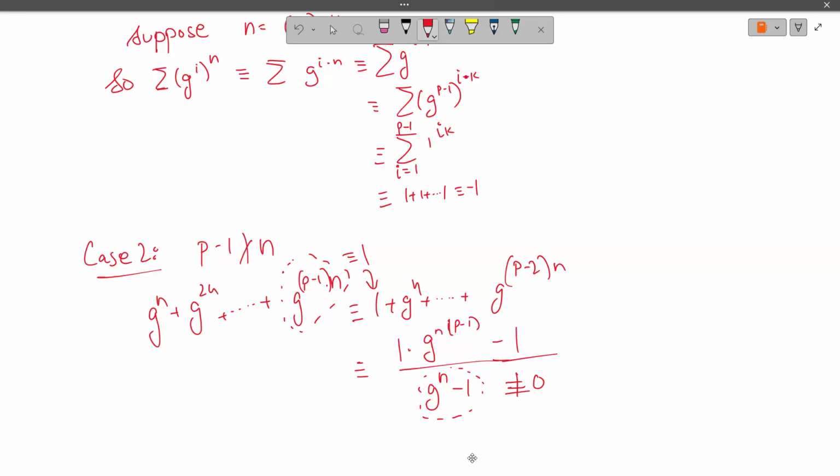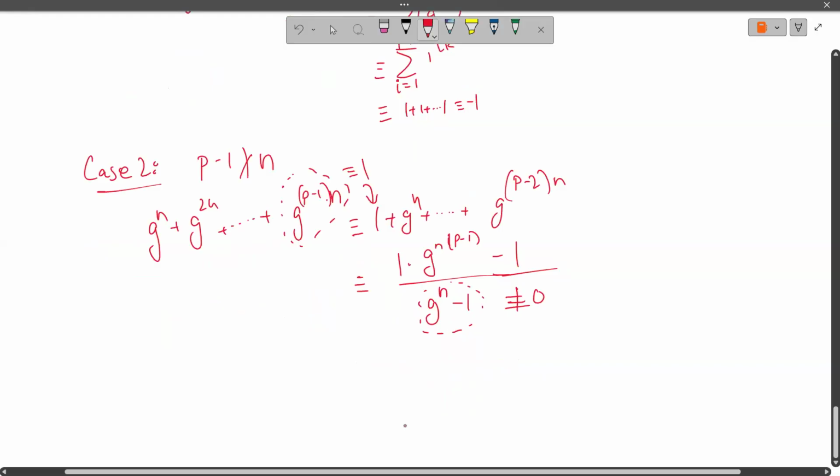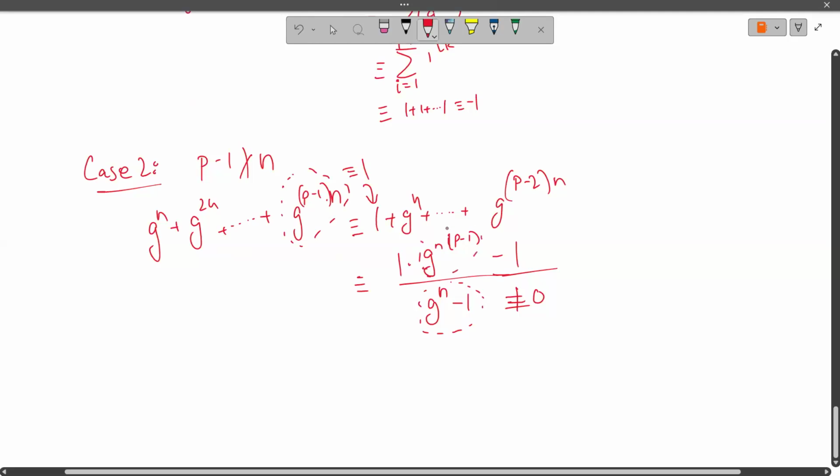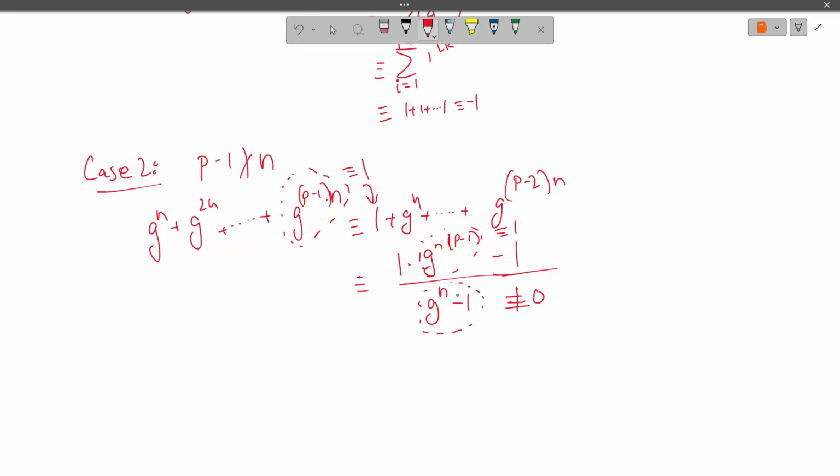So was that clear to everyone other than Keshav? Everyone else, was that clear? Yes. Great. So additionally, observe that g raised to the power n times p minus 1 will be congruent to 1. Do you see that? So we get 1 minus 1 over g to the n minus 1, which is congruent to 0.